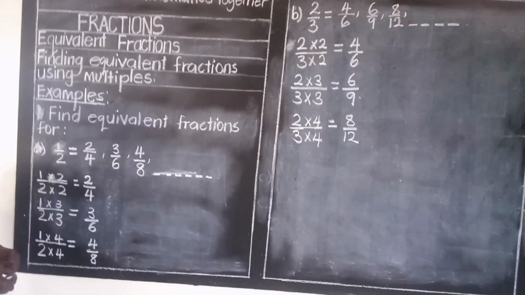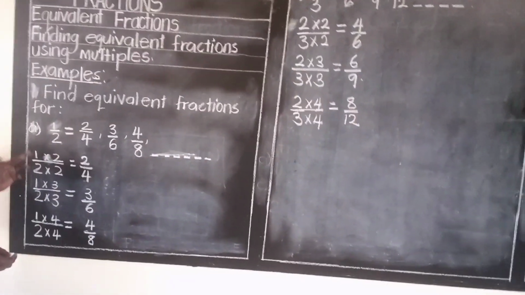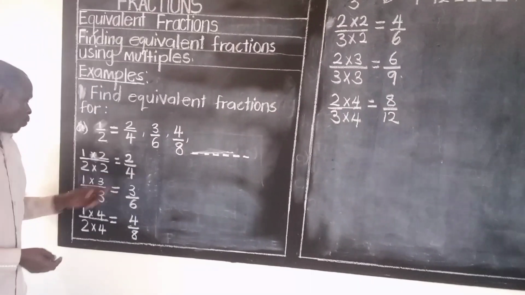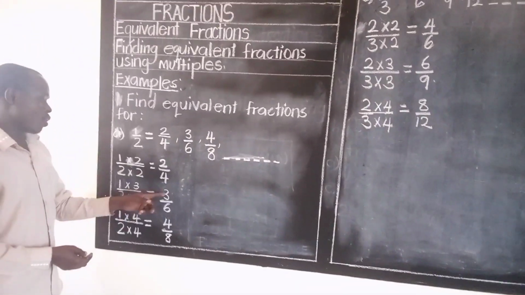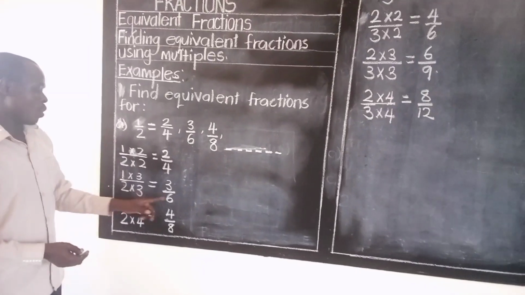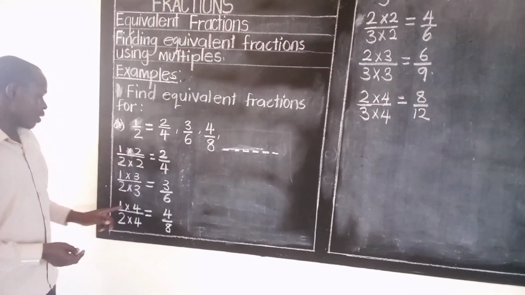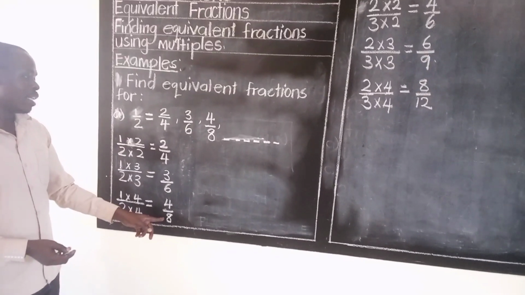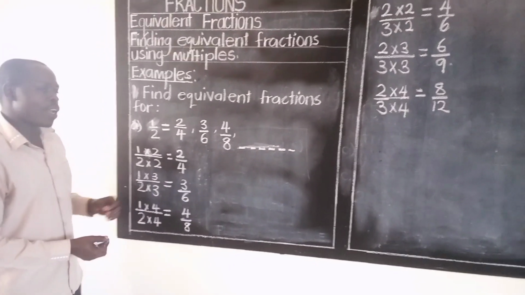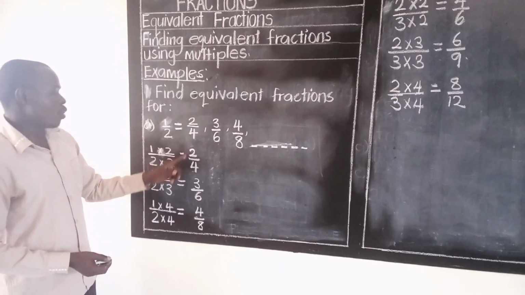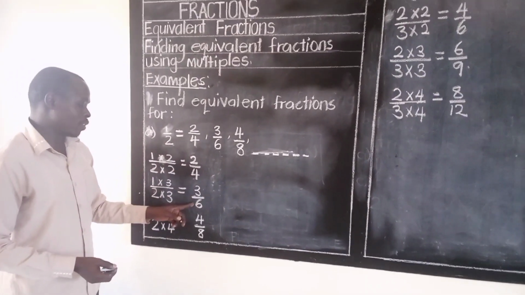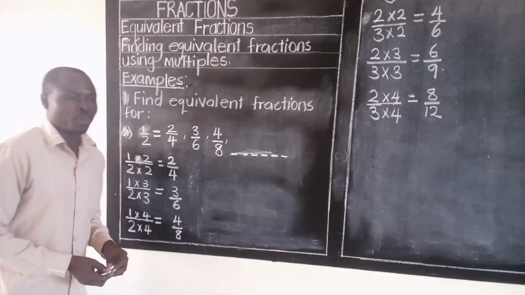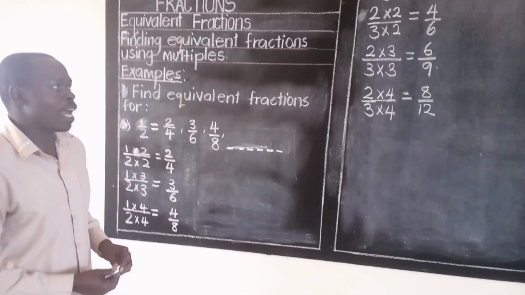The first factor being 2, 1 times 2, we got 2. 2 times 2, we got 4. 1 times 3, we got 3. 2 times 3, we got 6. 1 times 4, we got 4. 2 times 4, we got 8. That means that the equivalent fractions to a half were 2 out of 4, 3 out of 6, 4 out of 8, and many others as you multiply them one at a time.